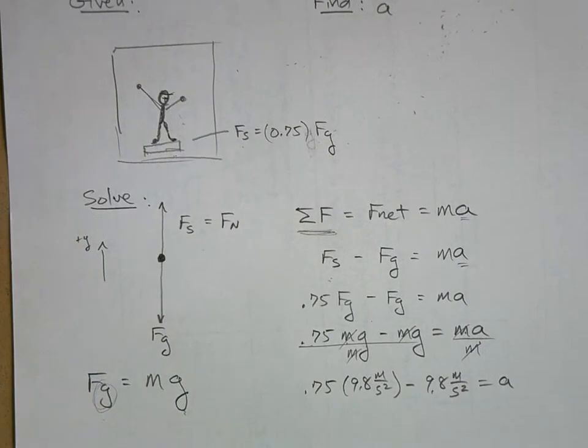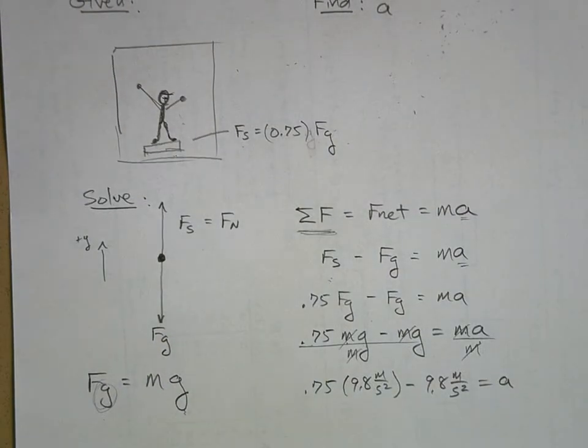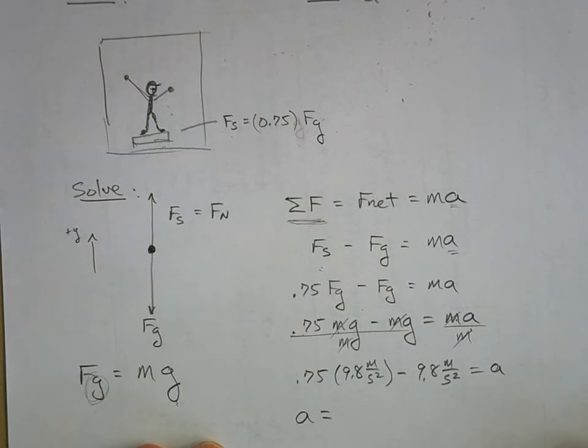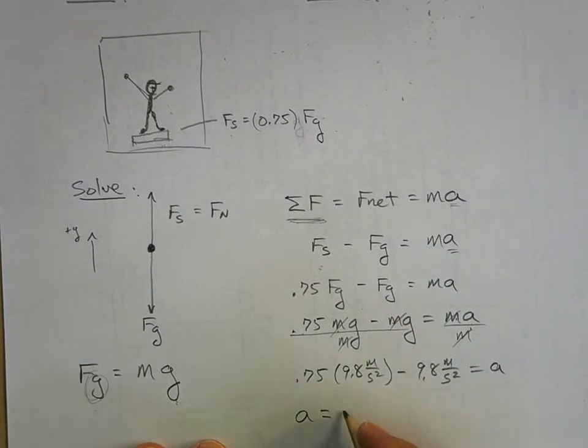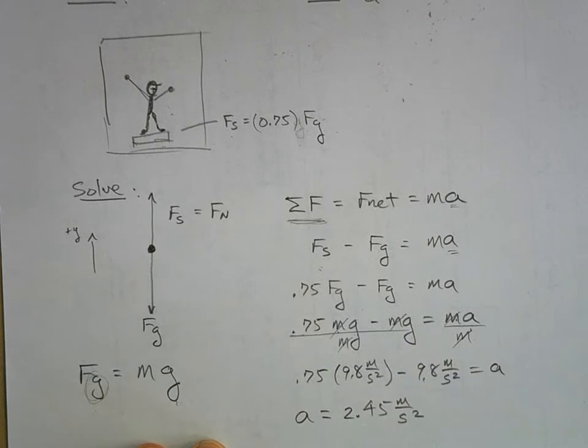And so when I get my calculator out, I mean, you could have distributed or factored out and made it a little bit easier, but I didn't. So 0.75 times 9.8 equals 7.35 minus 9.8 gives me an answer of negative 2.45 meters per second squared.